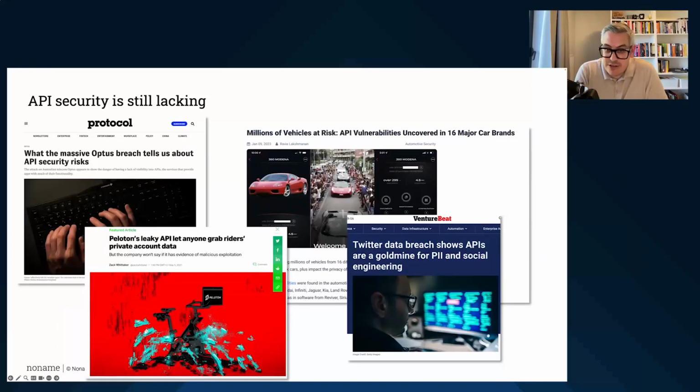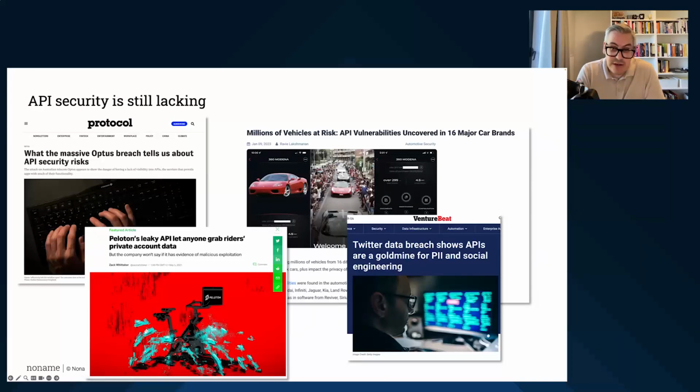Security doesn't work at the moment when it comes to APIs, meaning there's a lot of public breaches and there's much more breaches that aren't public, of course, on the basis of APIs. But we recently had things like the Optus Telco breach. A lot of PII data was lost. A while before that, we had the Peloton API that leaked personal information from Peloton members, including the President of the United States.